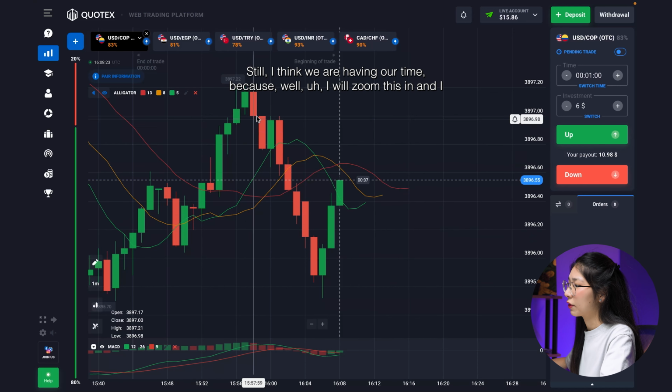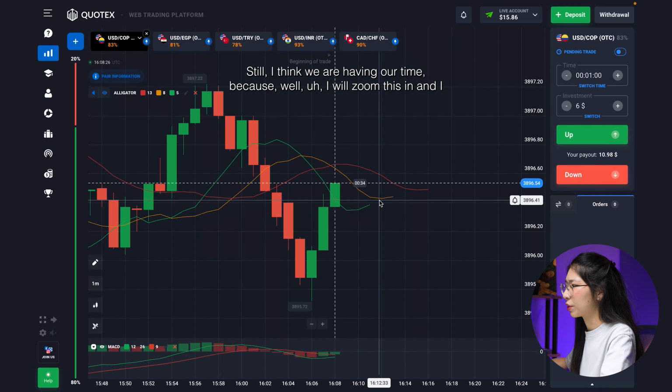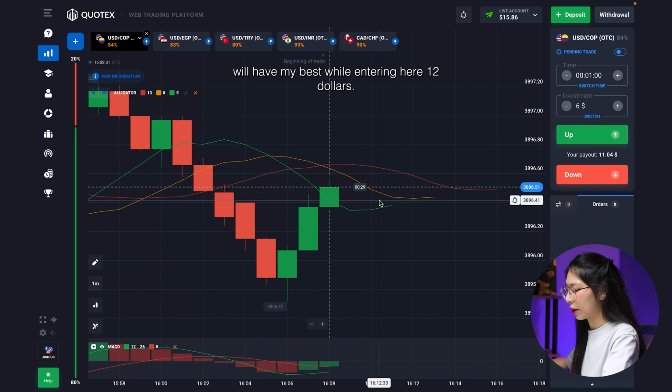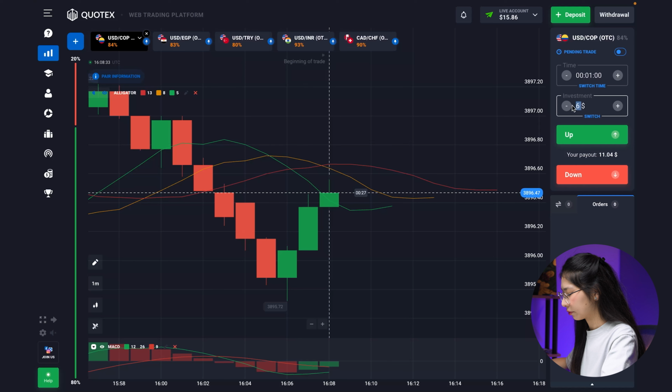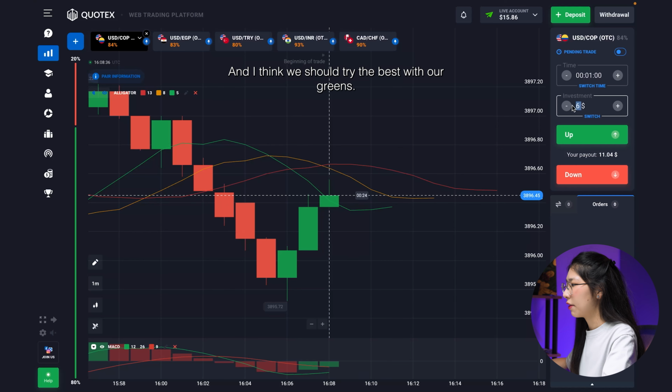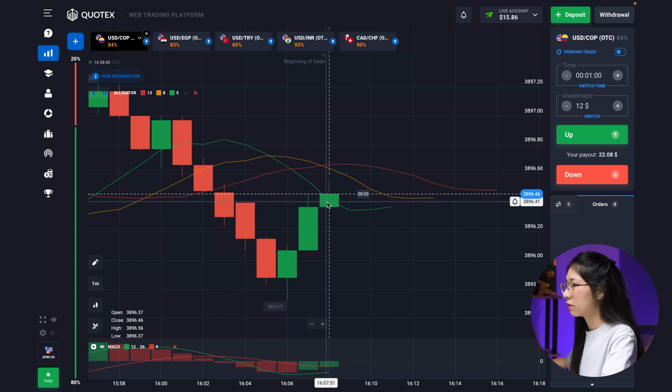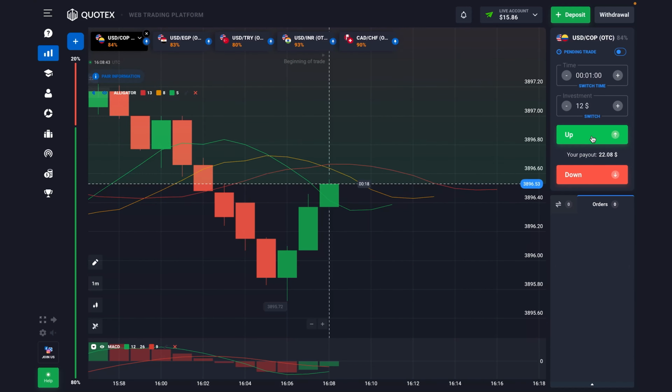So I think we are having our time, because I will zoom this in and I will have my best round entering here $12. And I think that we should try the best with our greens. So let's try.